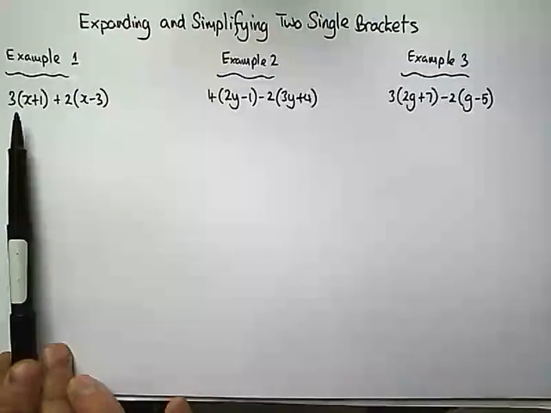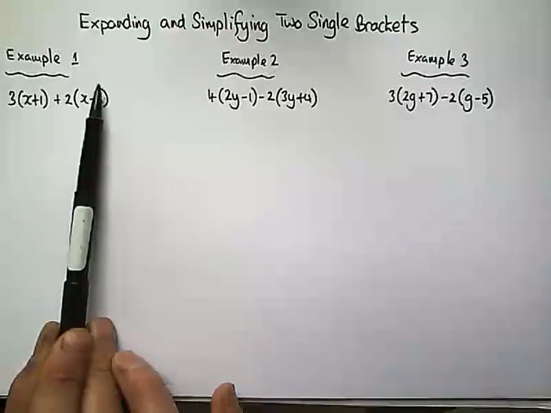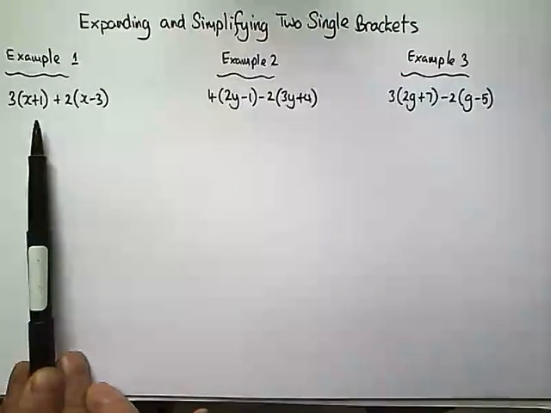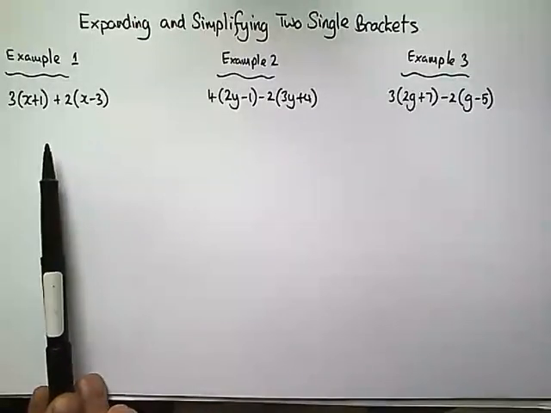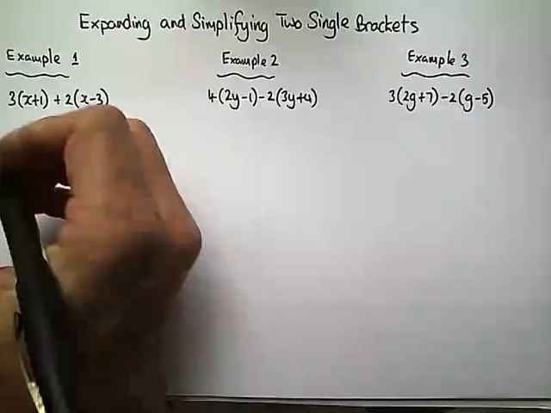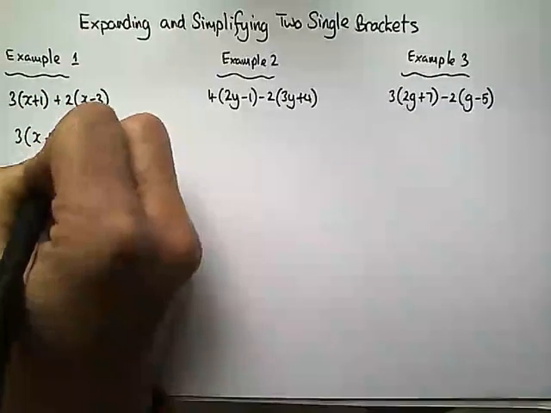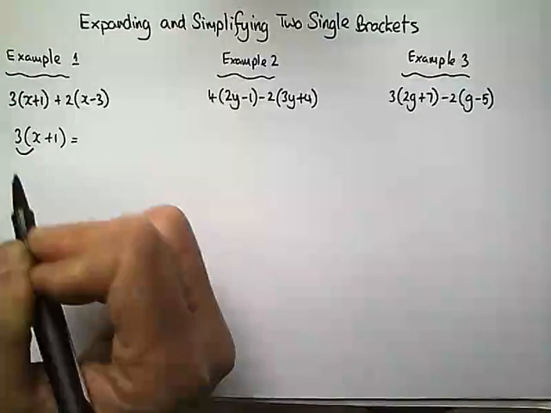So what I'll do first is take each individual bracket, there's 2 in here, one at a time. I will expand them, and then I'll put both of those expansions together and then simplify the answer.